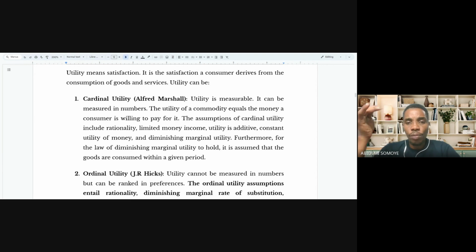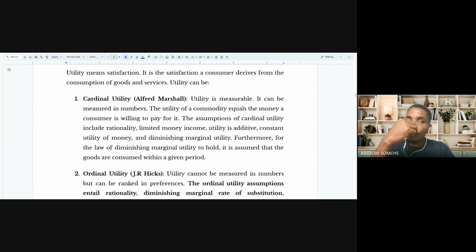The assumptions of cardinal utility include rationality. I talked about rationality when I was talking about axioms of consumer preferences. You're rational, you're consistent as a consumer. You have other people who are inconsistent, but that is outside of that scope, because you would have cases that don't follow such assumptions.